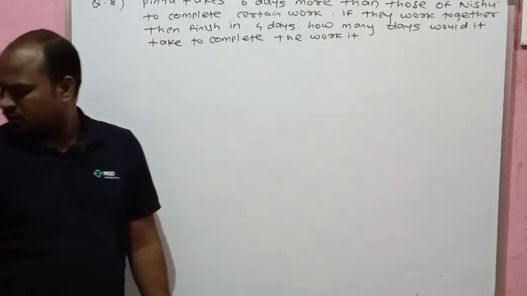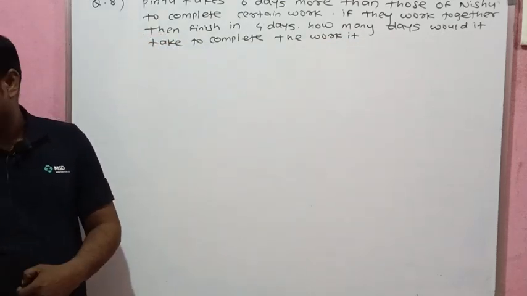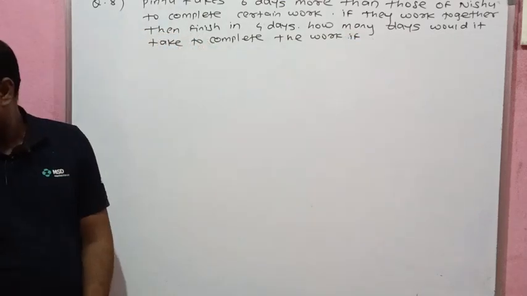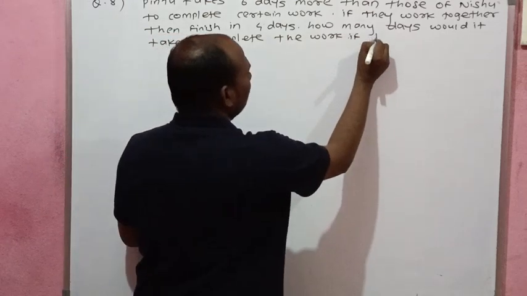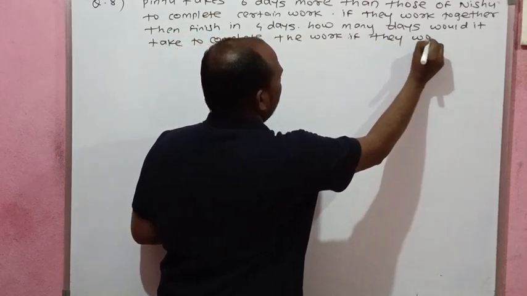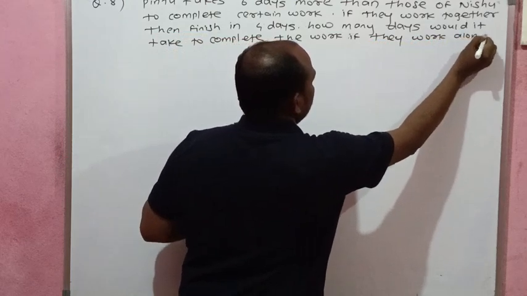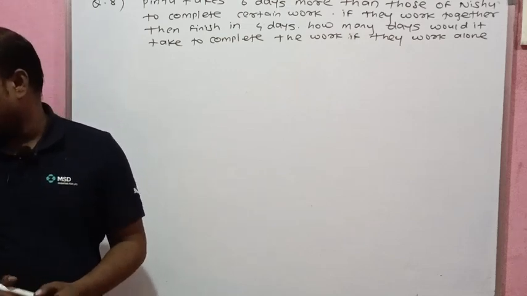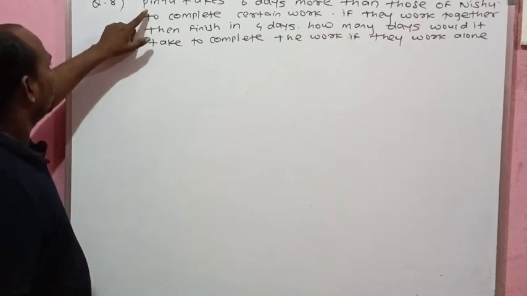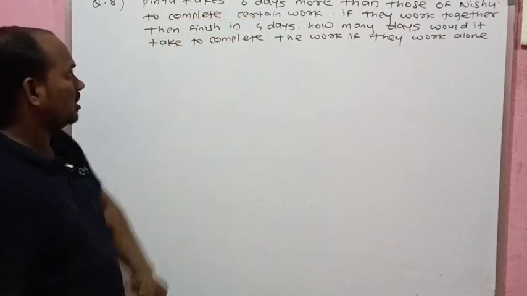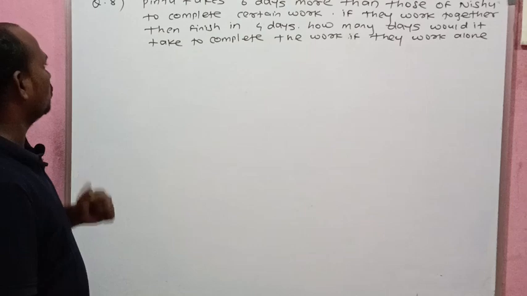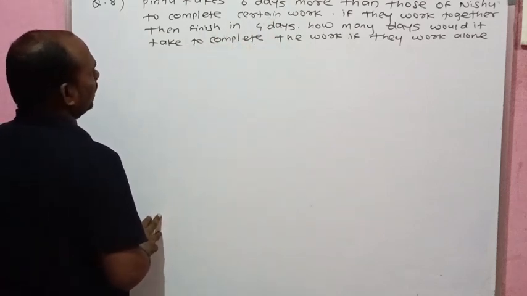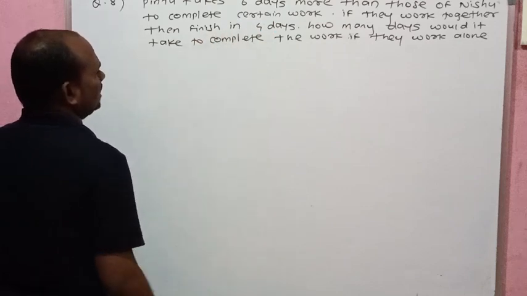How many days would it take to complete the work if they work alone? Now we can see the question. Pintu takes 6 days more than Nishu to complete certain work. If they work together, they finish in 4 days.